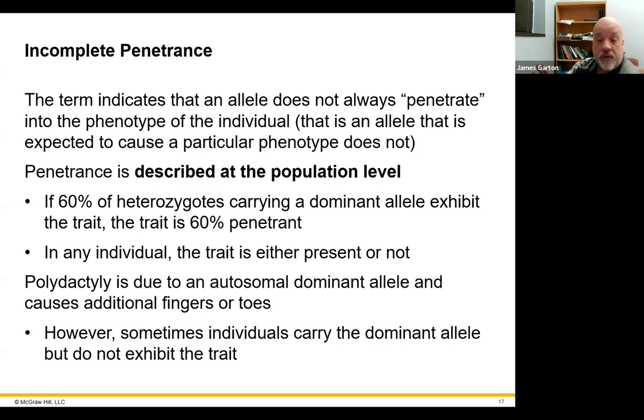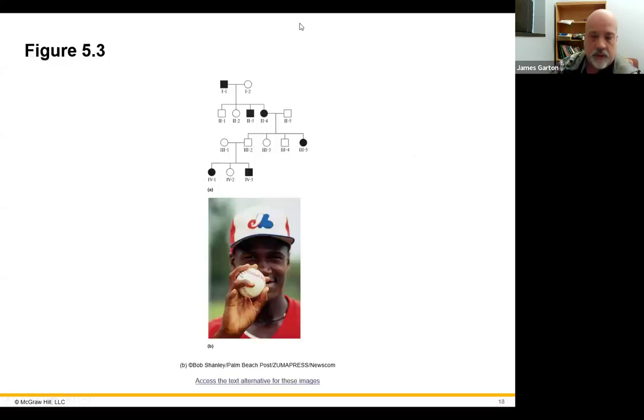However, there are some individuals that are heterozygous for that condition that are normal. And there's a typical pedigree for a dominant trait. It's found in every generation.